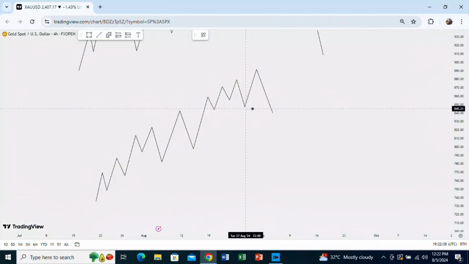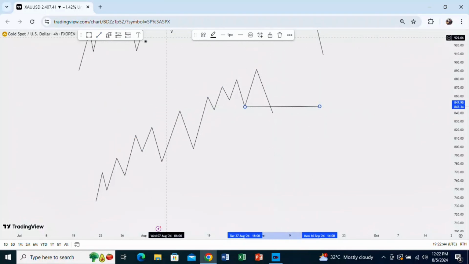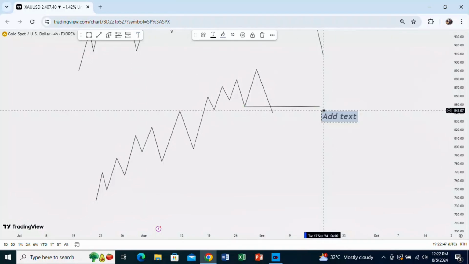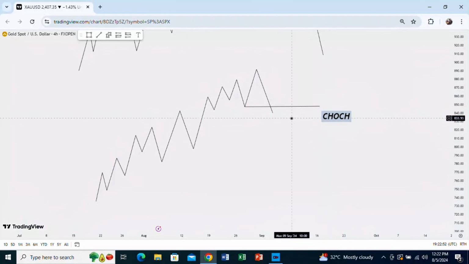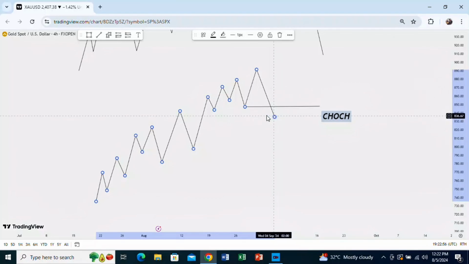Our stop loss gets hit and it closes below here. Now we say the CHoCH, or change of character, has happened, and now the market will move in the opposite direction. I will show you from the gold chart what CHoCH is.